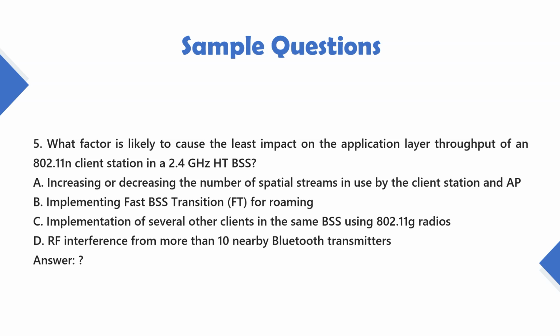B. Implementing fast BSS transition, FT, for roaming. C. Implementation of several other clients in the same BSS using 802.11g radios. D. RF interference from more than 10 nearby Bluetooth transmitters.